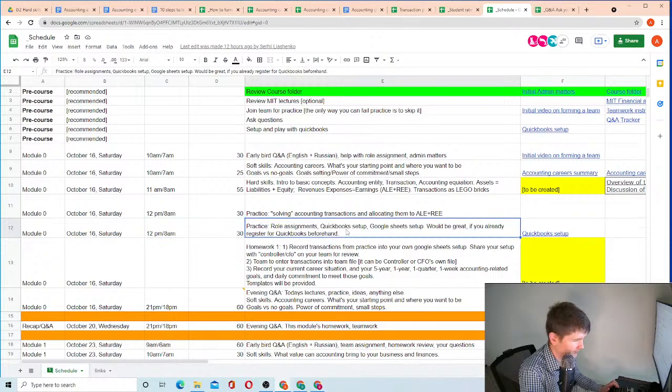For now, what you needed to do to be able to practice in the future is to register for QuickBooks for accounting, and it should be completely free. If you have trouble getting a free account, ask in Messenger.